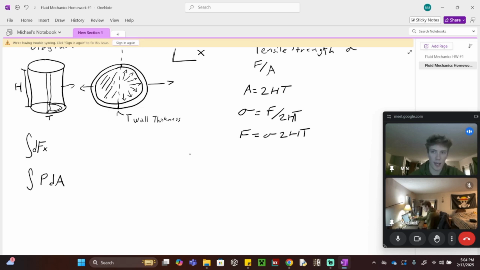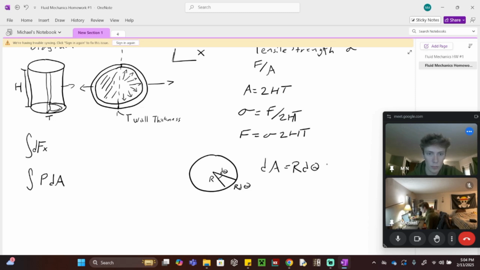And the way we're going to find this area is, remember, if we have a circle with our radius here, this will be big R, and we have some differential angle d theta, this length right here will be r d theta. And we also need to remember to multiply this length by our height to get this differential area. So our differential area in this case would be r d theta times h.